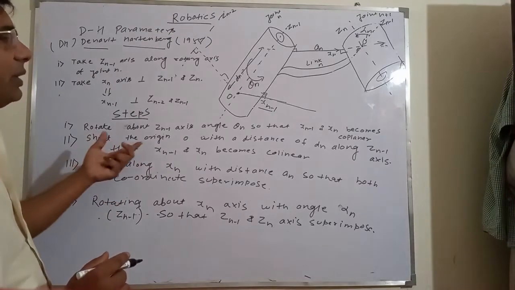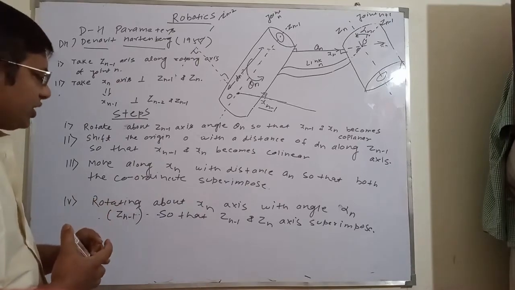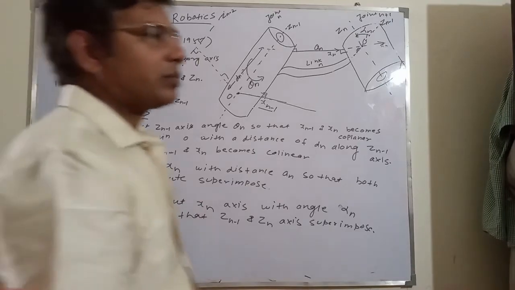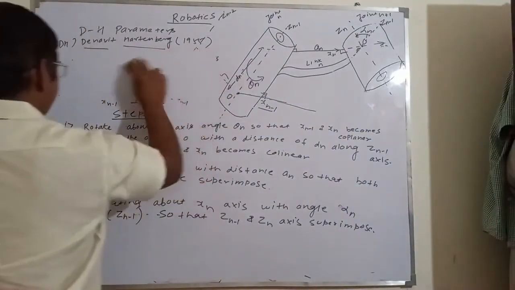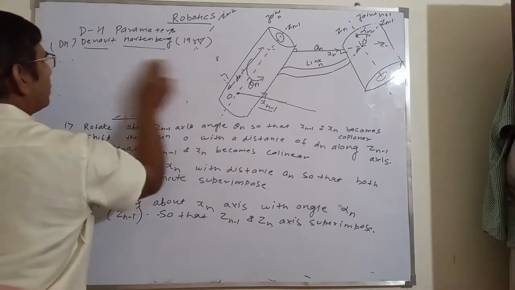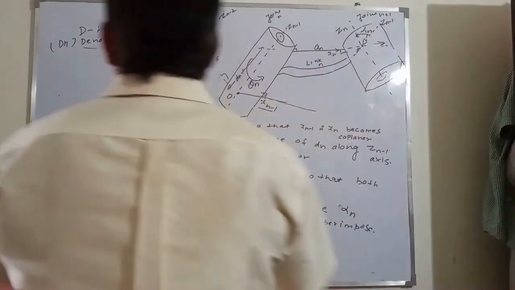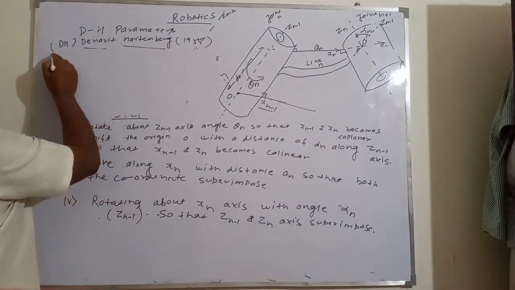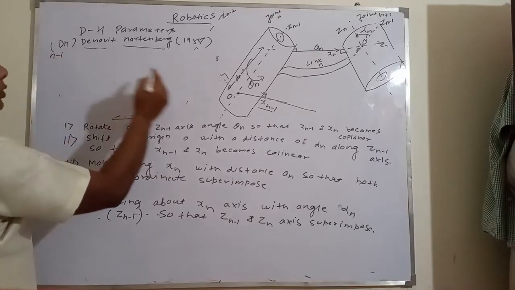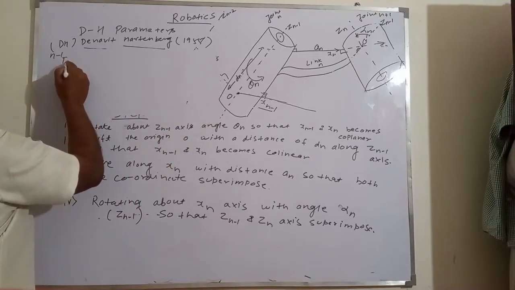What are the parameters? Now we can see here, one more step we can write, and that is the convention of writing this. We are transforming from n minus 1 to n.